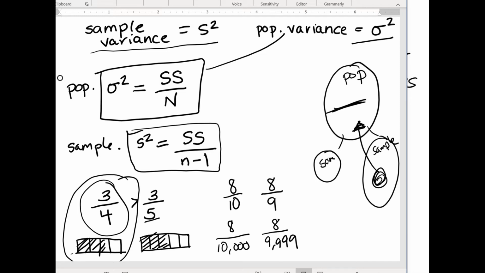There's still only a difference of 1 between these. But when the numbers are smaller, when your sample is smaller, it's going to have a bigger effect than if we're using really big sample numbers.